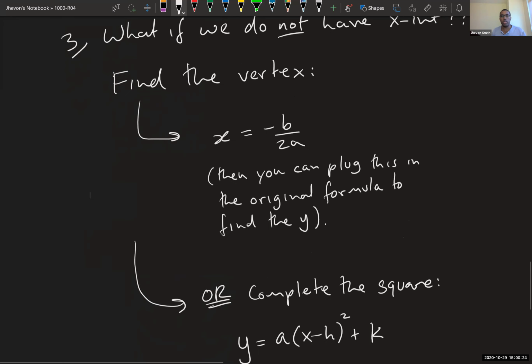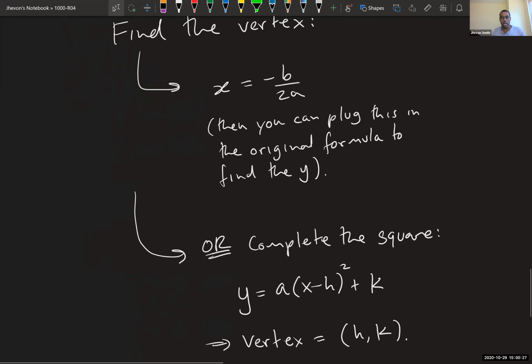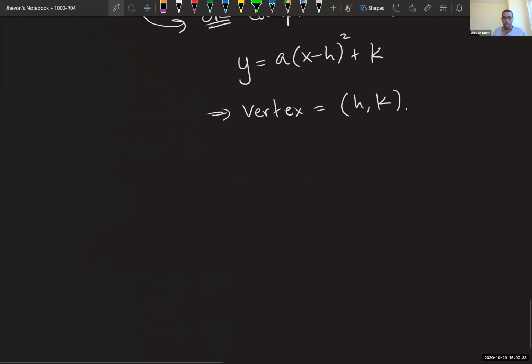So you have two options here, but either way, if you don't have any x-intercepts, the next thing you would do is find the vertex, and then using the vertex and the y-intercept, you'd be able to sketch the parabola.